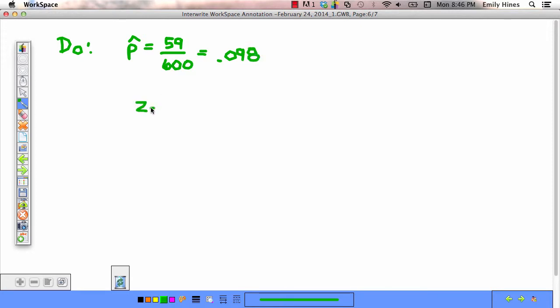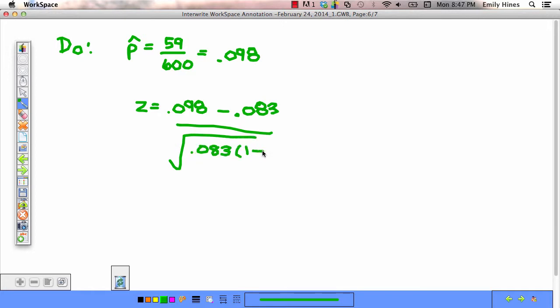So then that means z is 0.098 minus the 1/12, which is actually 0.083 if you work that out, divided by the square root of 0.083 times 1 minus 0.083 divided by 600. And if I work all that out, I get about 1.33.